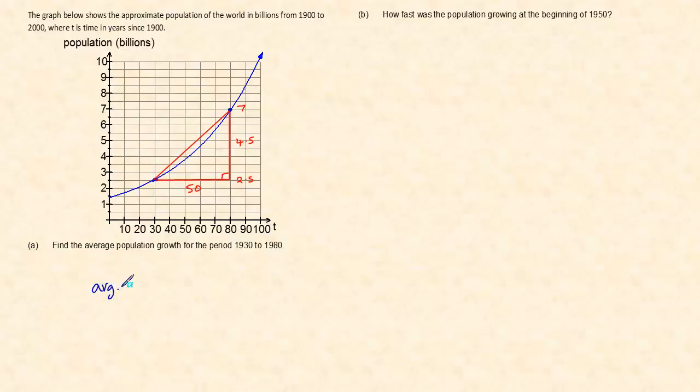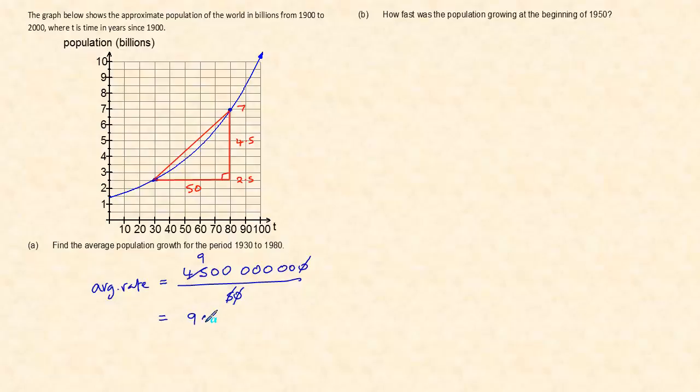So our average rate is going to be, now we're talking 4.5 billion here, so that's 4,500,000,000 divided by 50. So we can get rid of a 0. 45 divided by 5 is 9.